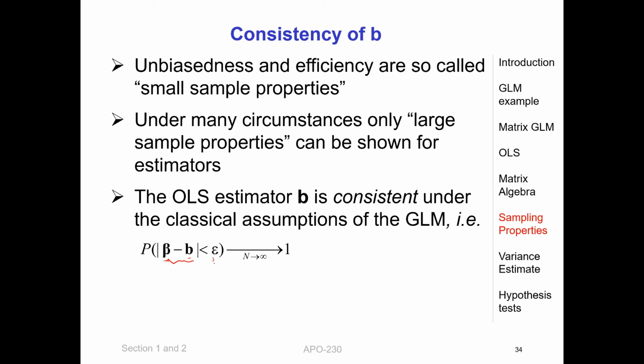The probability of this, as n grows to infinity, will converge to 1. Put differently, I could say that the probability that our estimator converges to the true parameter when n grows to infinity is 1.